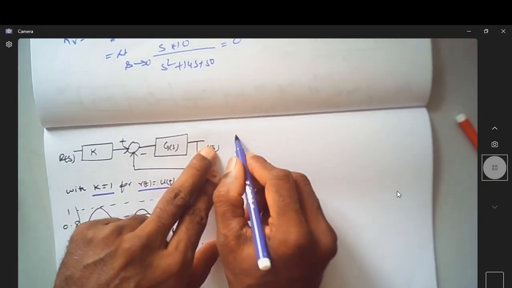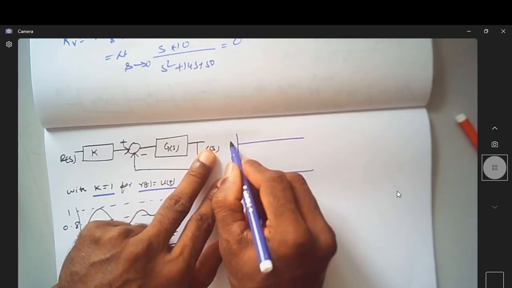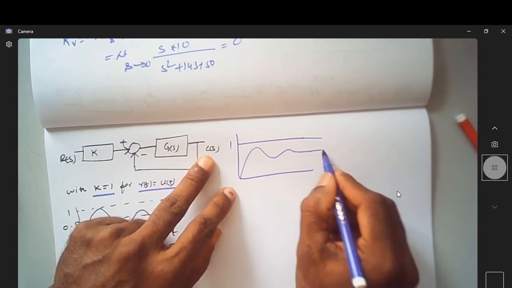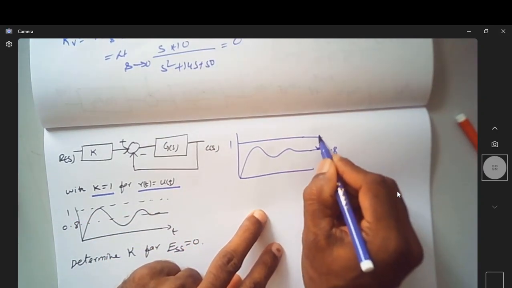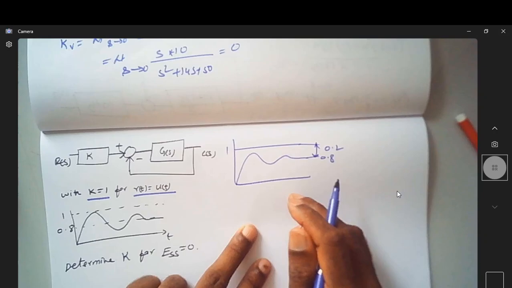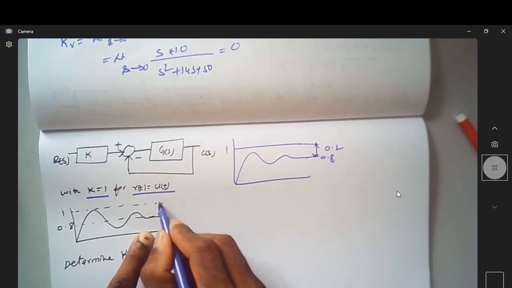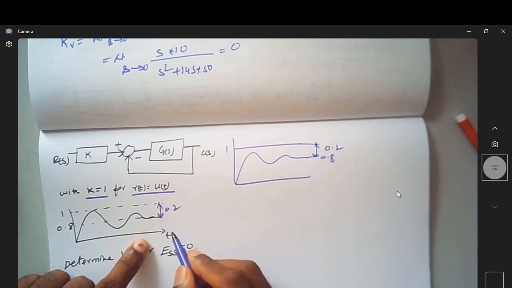We are asked to find the value of k to have an ESS of 0. The input that is applied is unit step, but the output is settling somewhere here, which is at 0.8. You have an ESS of 0.2. Can you see? This is 0.8, this is 1. So this error is actually 0.2.